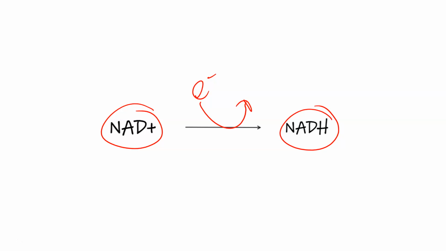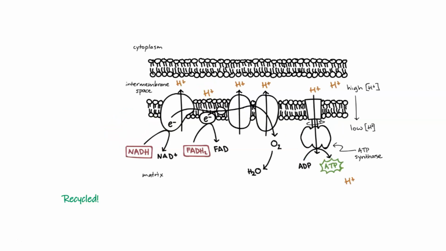NADH will then lose that electron. Here's NADH. It will lose that electron to oxygen, the final electron acceptor, and return as NAD plus to start the process again.